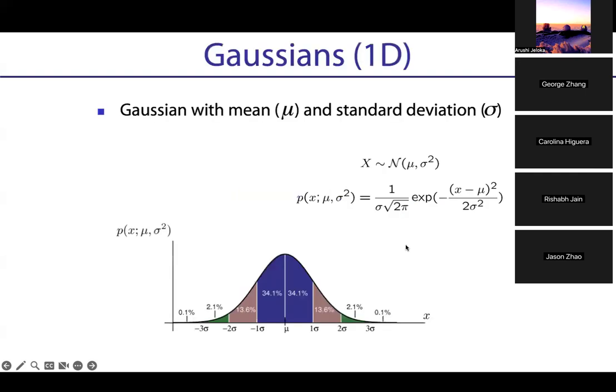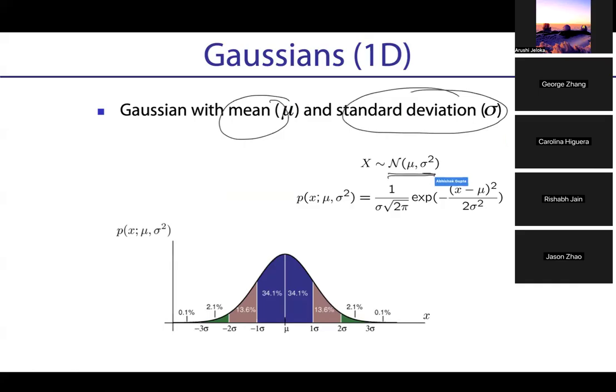Remember a Gaussian. A univariate Gaussian is a continuous probability distribution with the mean mu and standard deviation sigma. You say x comes from a normal distribution, math cal N of mu and standard deviation sigma, or variance sigma squared.